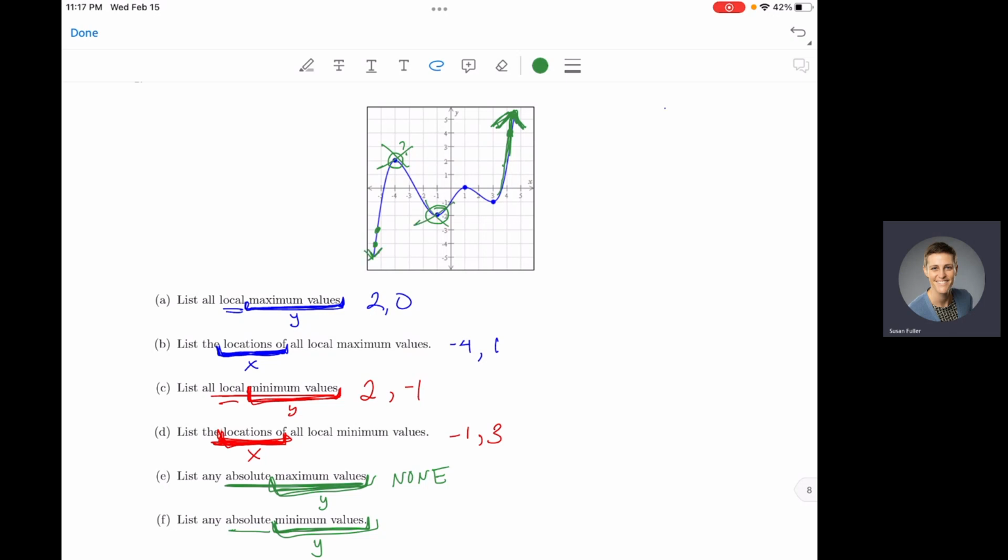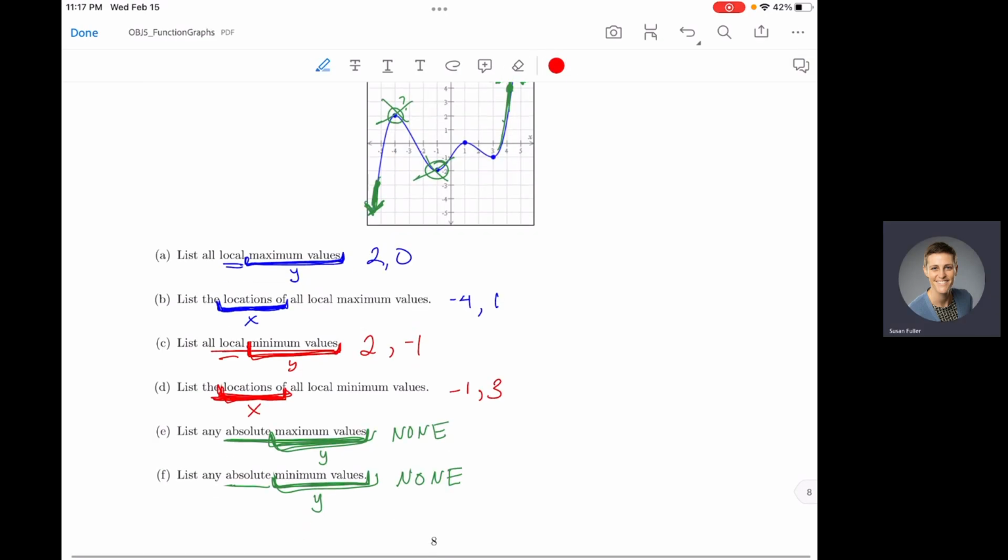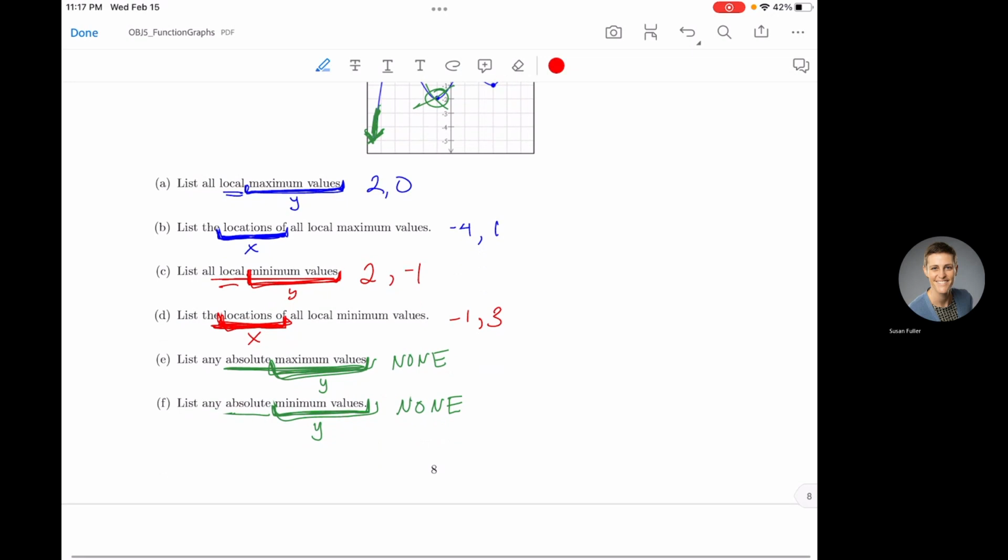And this arrow says we're going to continue on forever, but negative infinity can't be an absolute minimum because we're never going to reach it. We're not going to have that single lowest point that's lower than anything else because our function's always going to keep on going, which means we also don't have an absolute minimum value either. So even though you can have at most one absolute max and min, you don't always have one.